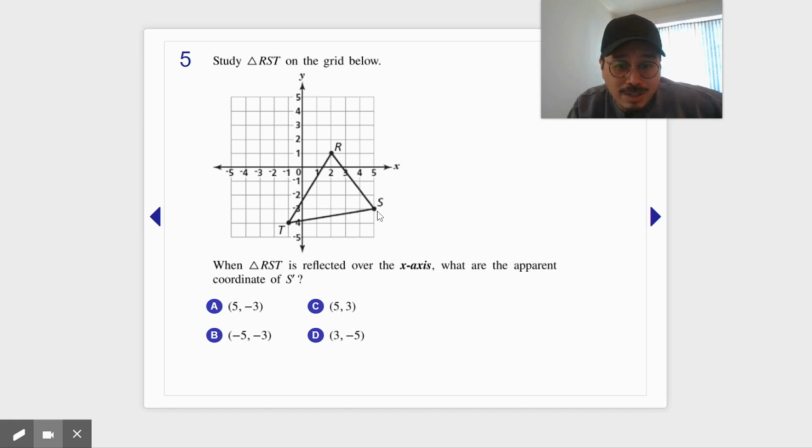Now, where is point S? It's 5, -3. If you reflect 5, -3 across the x-axis, which one would change, the 5 or the -3? Across the x-axis, the point will land here. So it will be 5, 3. The -3 becomes a +3. So it would be right here, 5, 3.